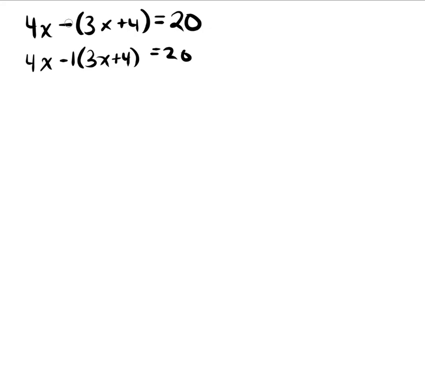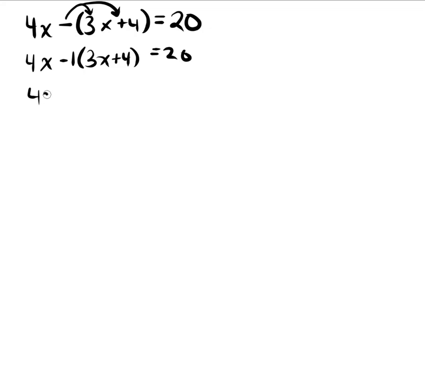I did it to show you, but I'm just going to work with it like this. I'm going to distribute this negative to everything on the inside. So in this case, I have 4x. I'm going to skip this line because I don't want to bother with the -1. It's the same thing, but I just want to do it with the negative.